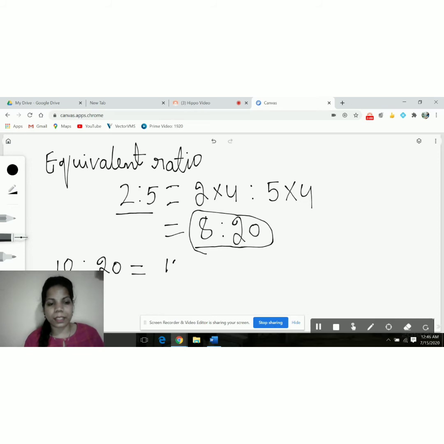That means we have to find the HCF of 10 and 20. HCF of 10 and 20 is 10, right? So we will divide both sides by the same HCF, 10. 10 by 10 is to 20 by 10. 10 10 gets cancelled. 10 ones are 10, 10 twos are 20. So the ratio is 1 is to 2.